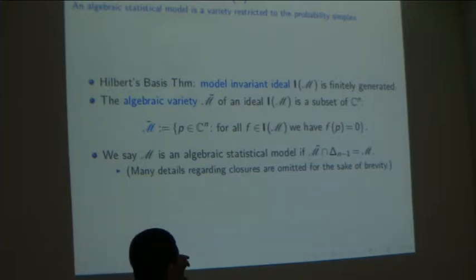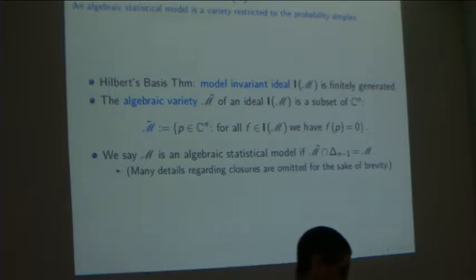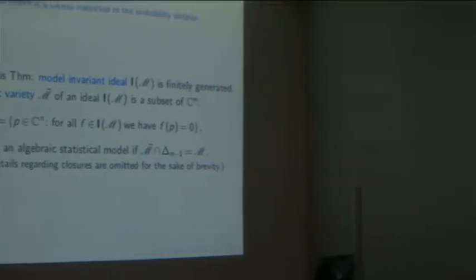Here I omitted many details regarding closures, and now I'll draw a picture on the board to illustrate some of the issues. Okay, some issues. And would you know in advance or quickly that it's an algebraic statistical model? That's usually my assumption.